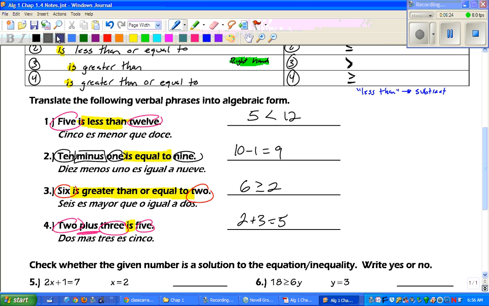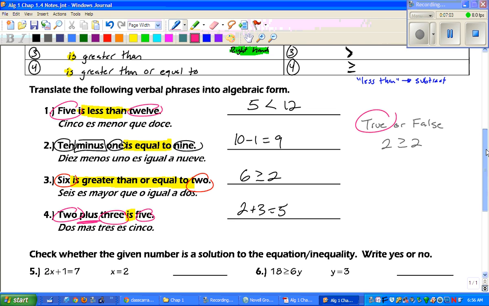Now, here's a question. I want to know, is this true or false? If you don't know, read what that symbol says. That's symbol number 4. So 2 is greater than or equal to 2. Is that a true statement or is that a false statement? That is true.